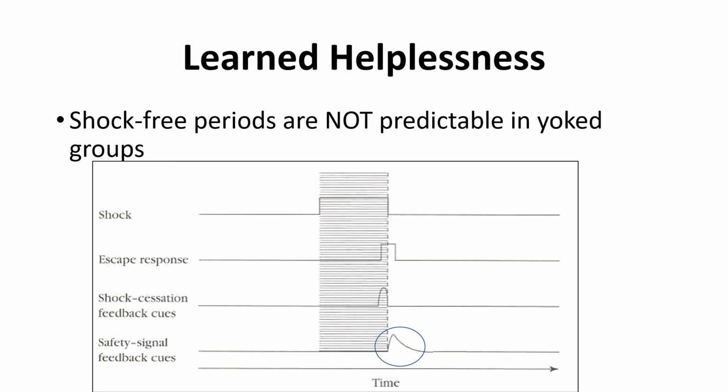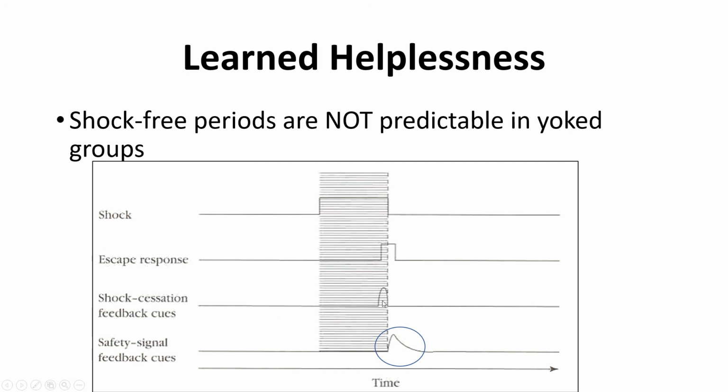When we have an escape behavior, there are certain responses that you can make, certain skeletal responses, actions that you can do, and those actions provide sensory feedback cues. So when there is a shock present, and an animal can make that escape response, they can do that action that will cause the end of the shock and the start of the period after the shock.